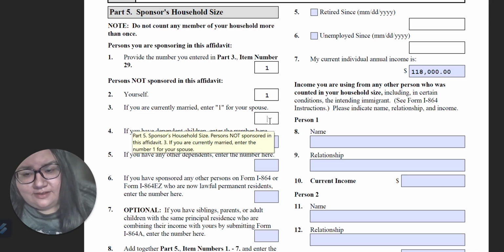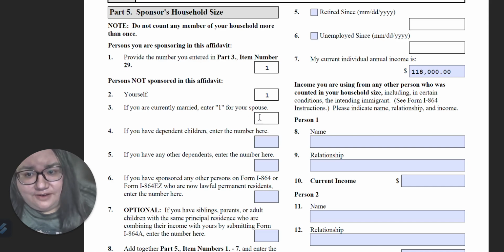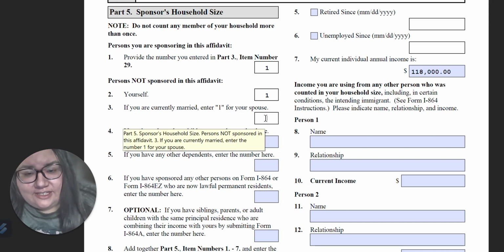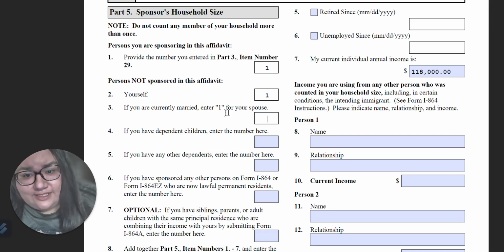That would be incorrect. It's very important in these boxes to never count anyone twice. So even though Jose is in fact married and should put a 1 here for his spouse, because Fulanita is the principal immigrant that he's sponsoring, she's already accounted for here. So we're going to go ahead and leave this box blank.